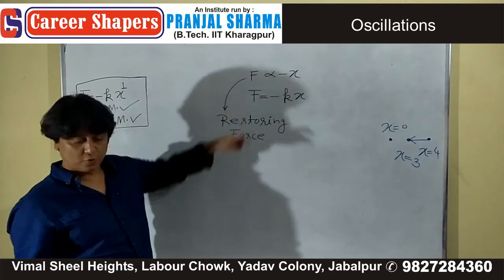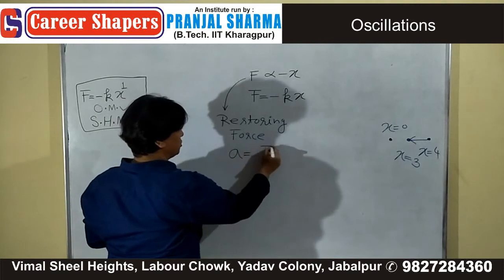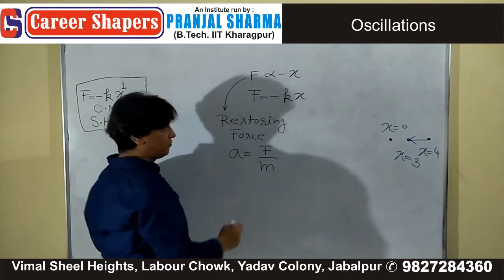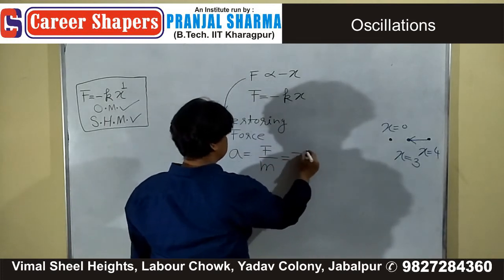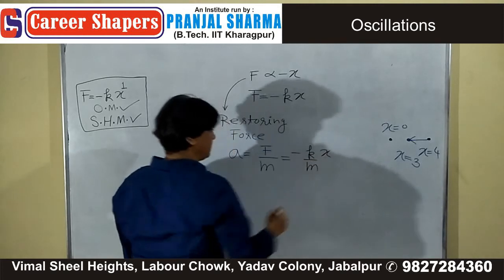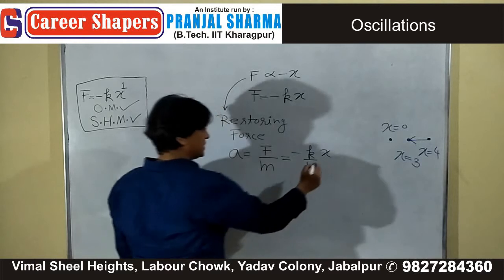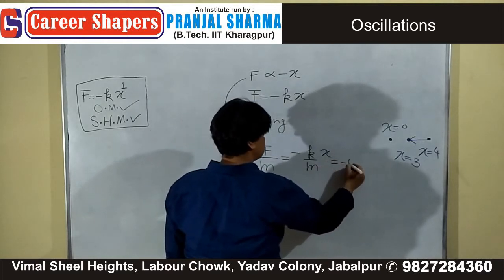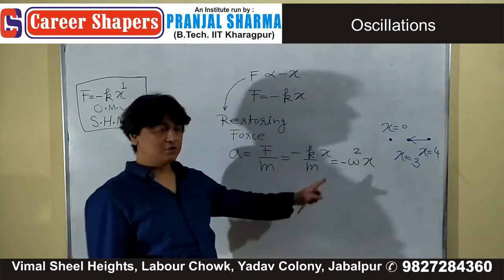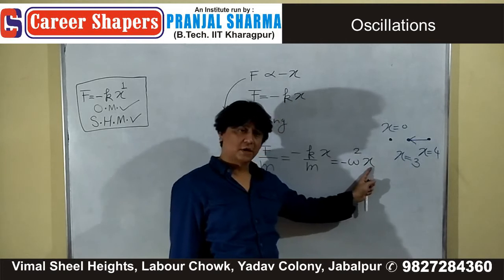Now, if this is force, then what is acceleration? Acceleration, you know, is force divided by mass of the object. That gives us minus kx divided by m. This minus k by m times x is specially written as minus omega square x.